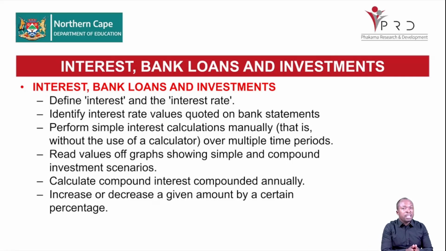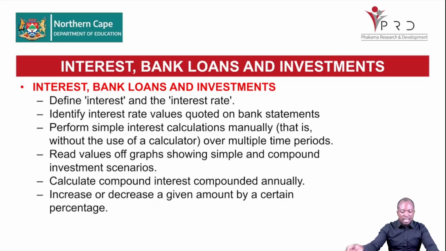Whenever you hear interest, it is that extra money which we pay for borrowing somebody's money. I want you to use the word extra. If they say explain the term interest, rather say it is the extra money that is paid for a loan, or the extra money that is received on top of an investment. Then you get your full marks for that.